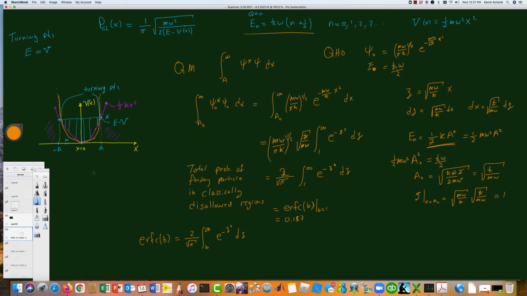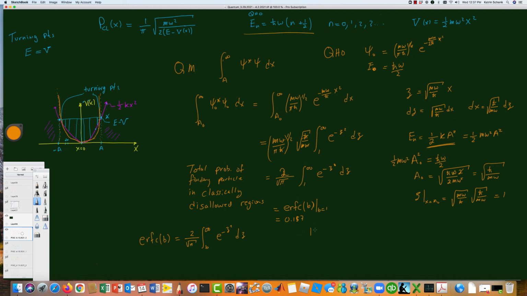Okay, so this is unique to quantum mechanics. I'm going to show you a simulation in a second that shows you the wave function for the quantum harmonic oscillator. It does have some of the wave function leaking out of this classical region, and it must, because this probability is non-zero.